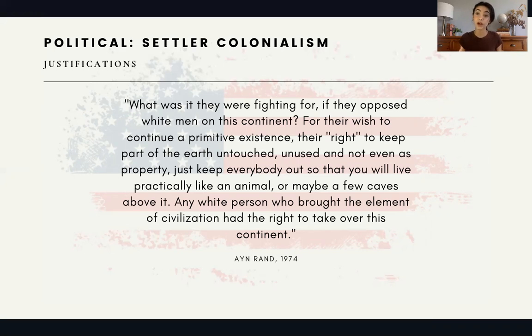And right here, she's talking about the justification of white settlers to take Native American land because they consider Native Americans primitive, but especially because their economic system isn't one that uses land as property or capitalizes on it. So, we'll see this ideology come up later on as we talk about the economic effects, actually. But it's quite interesting to see how these ideas continue onward from those first presidents, right?